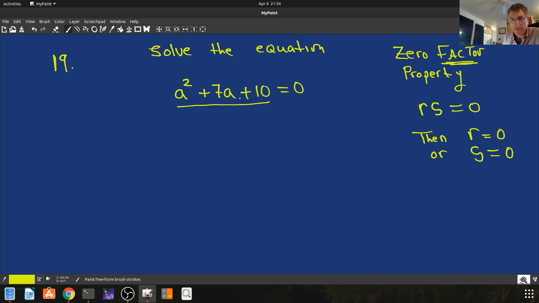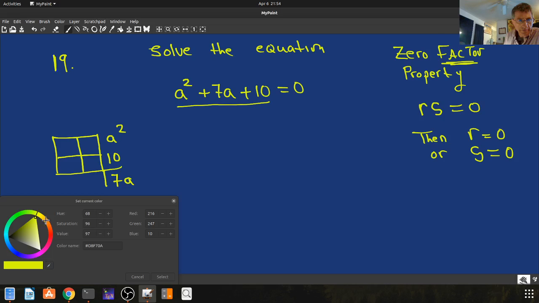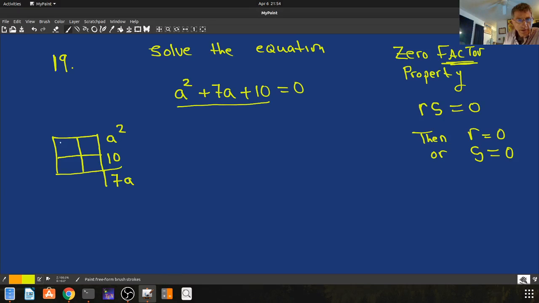So we need to factor a squared plus 7a plus 10. So we'll do it over here. This is a squared, this is 10, and this is 7a. So this has to be a and a.